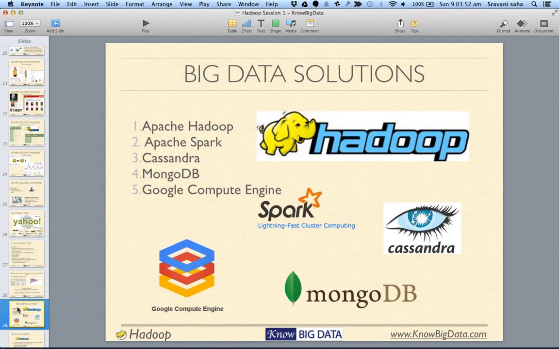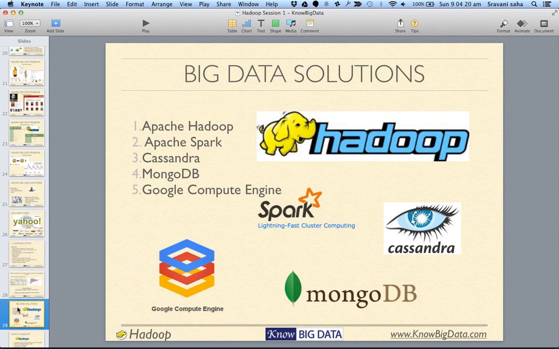Now, what are the various big data solutions available as of today? One of the most common and most complete is Apache Hadoop, which we will discuss today. Then there is Apache Spark, which is only for doing computation, not for storage. Then there is Cassandra.